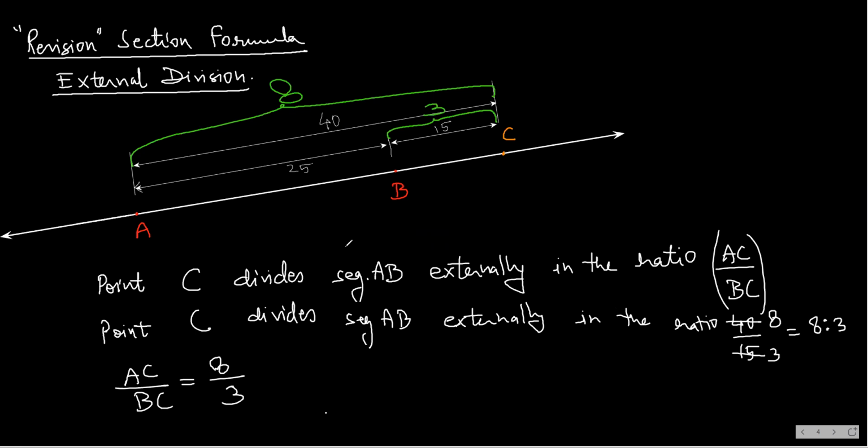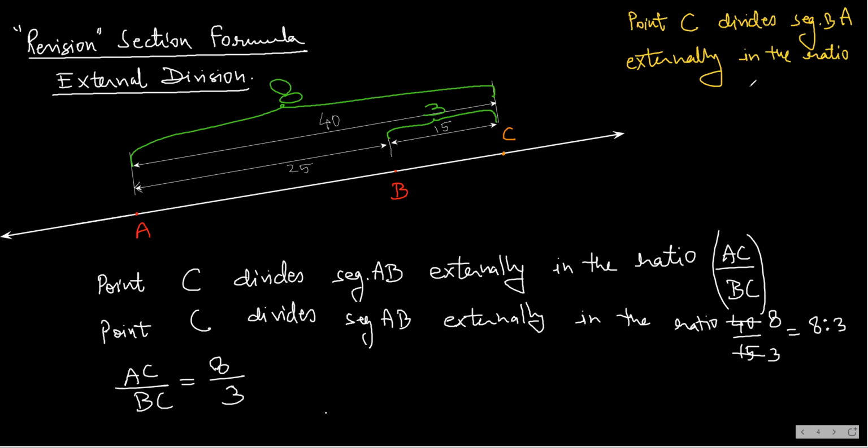So one more thing I would like to take here is, in case I had written the statement the other way, suppose I had written point C divides segment BA externally in the ratio, then what would I be writing?